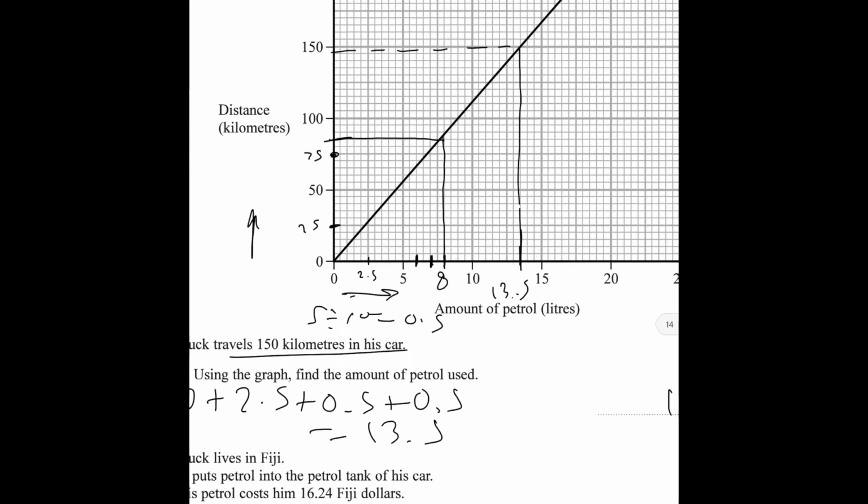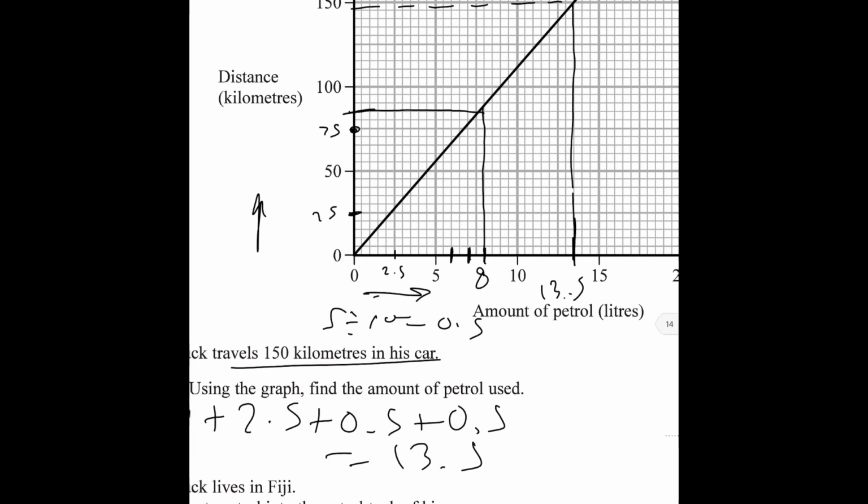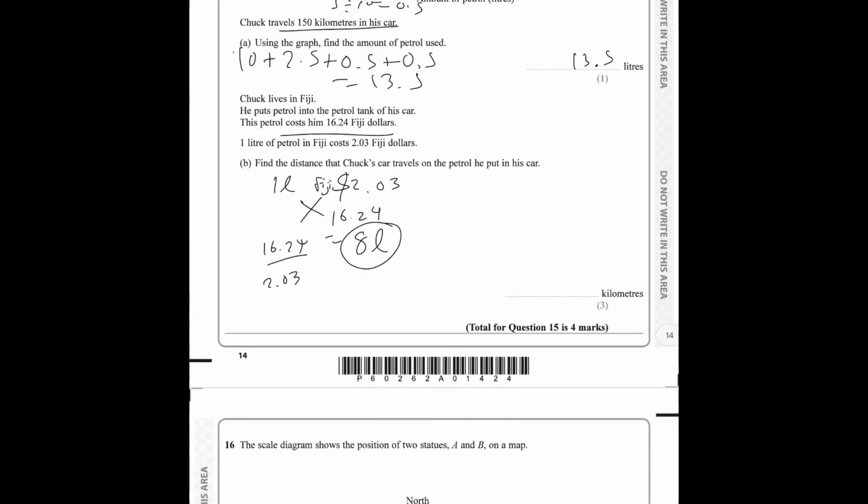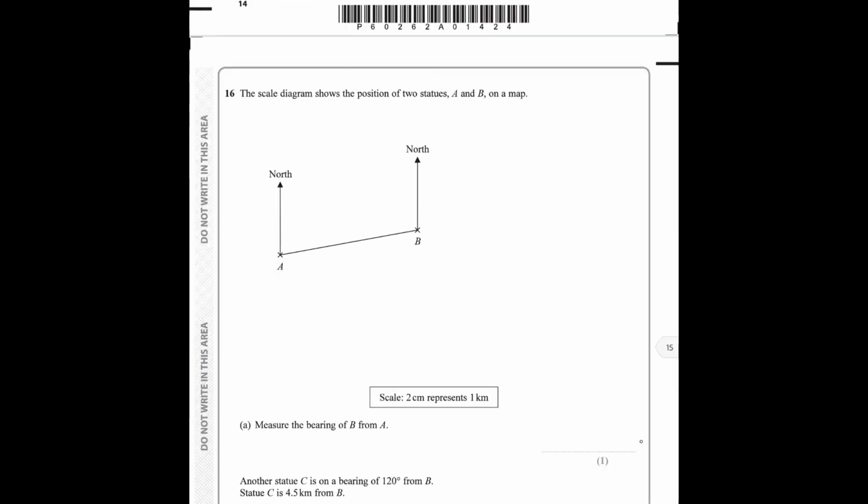This portion here is 75, so we're going to do 75 plus, remember it's 5 per square, plus 5, that's about 85 should be the range. So 85 kilometers is the value that he traveled.